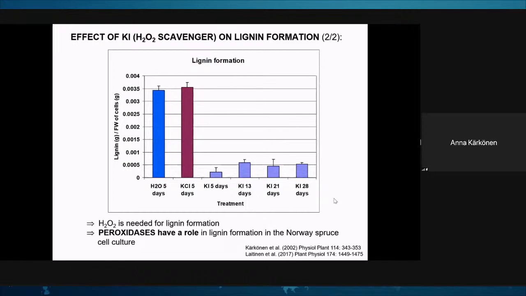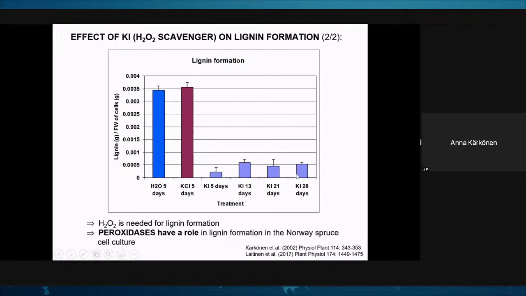This can be quantitated. So in control cultures, there are certain milligrams of extracellular lignin per fresh weight of the cells after 5 days. In iodide-treated cultures, there is very little precipitate coming in these days.